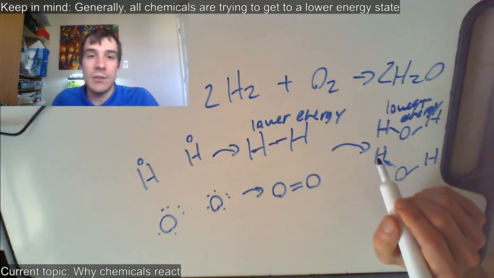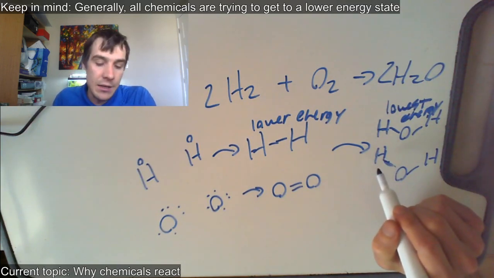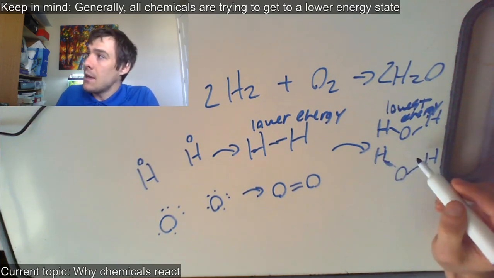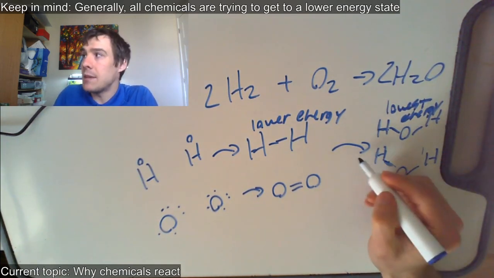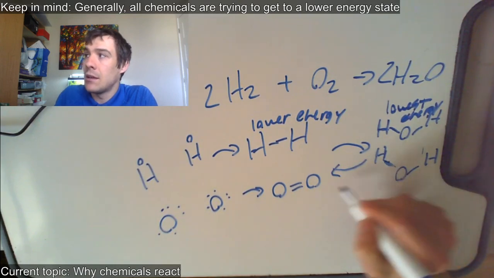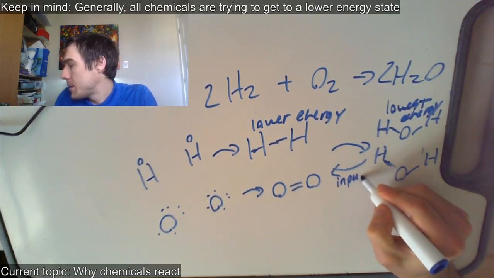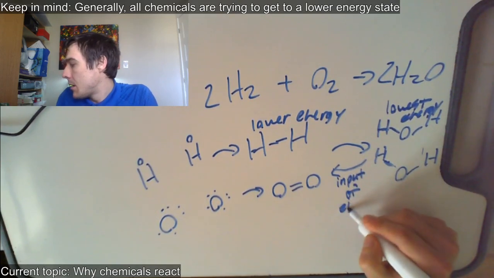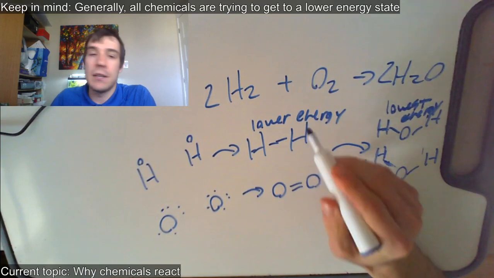You might have done the hydrogen and oxygen pop test when you were in grade 10 chemistry. That happens spontaneously, but we can make it go back. We can make it go back with an input of energy, right? If we put in some energy, we can actually take the water and turn it back into hydrogen and oxygen.